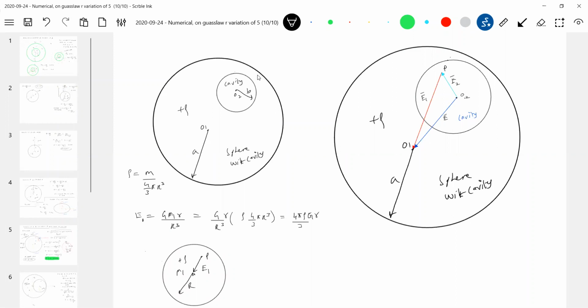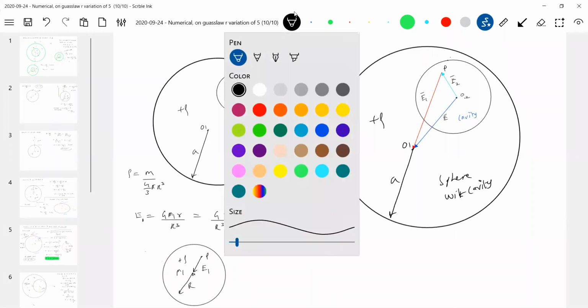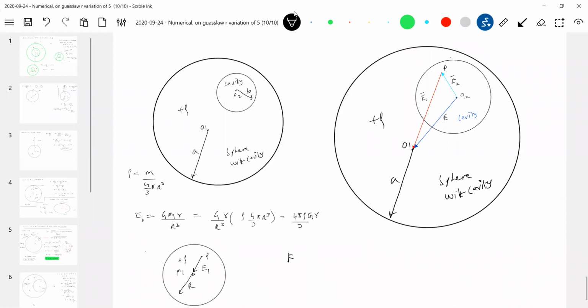So what is the net E bar? Net E bar will be E1 bar plus E2 bar. E1 bar we already know: 4 by 3 pi rho G. What is small r?